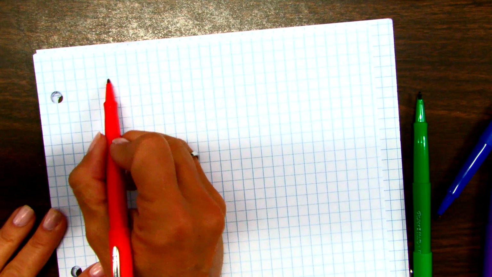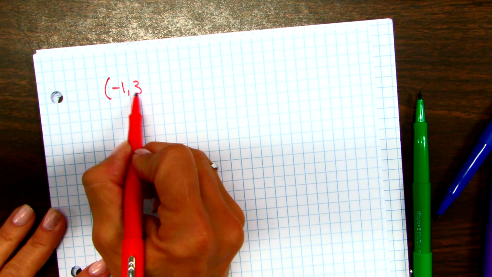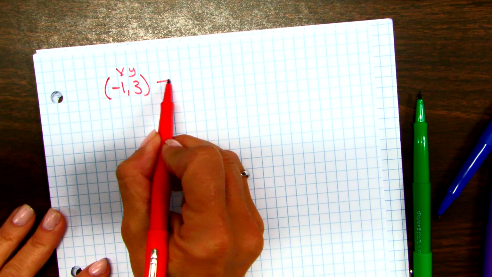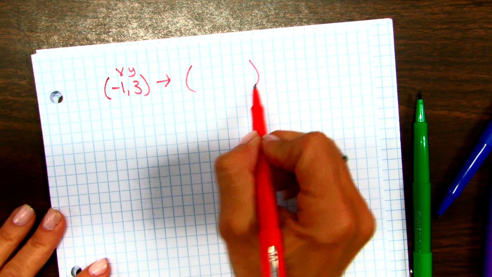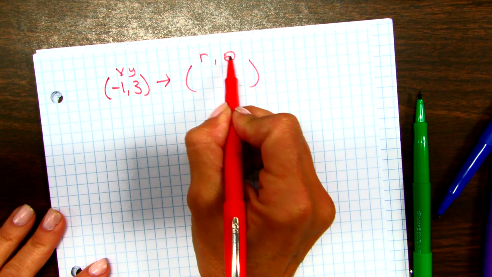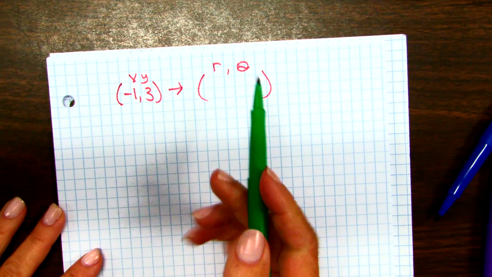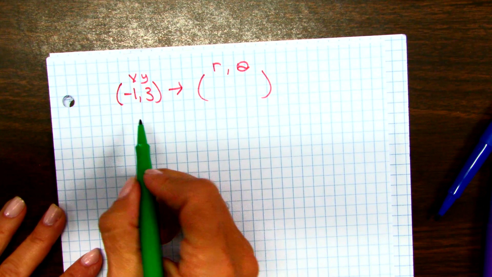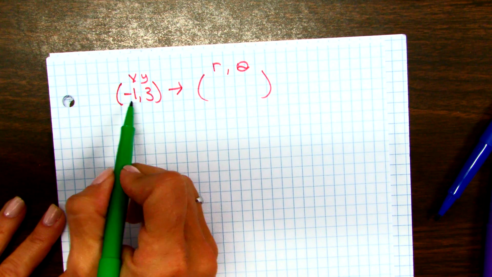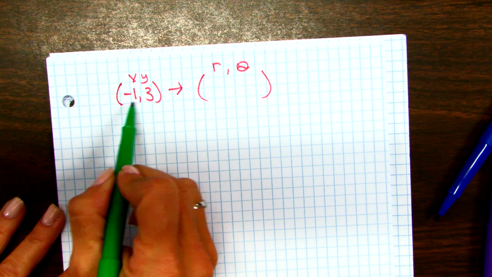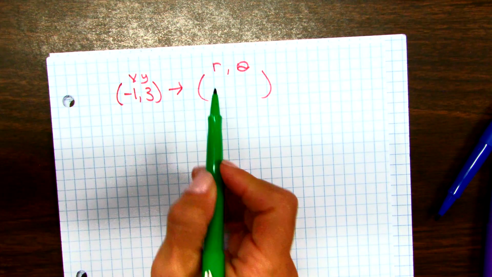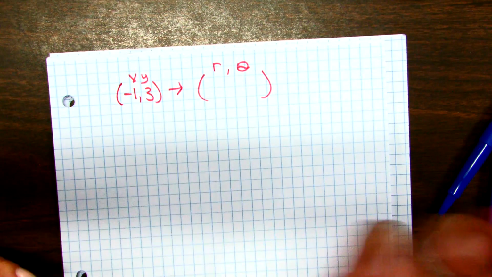Problem 78 gives you a rectangular coordinate, and they want you to find the polar coordinate. There were two formulas we needed to know for this. The first one was basically the Pythagorean theorem: x squared plus y squared equals c squared, but c and r are the same thing.